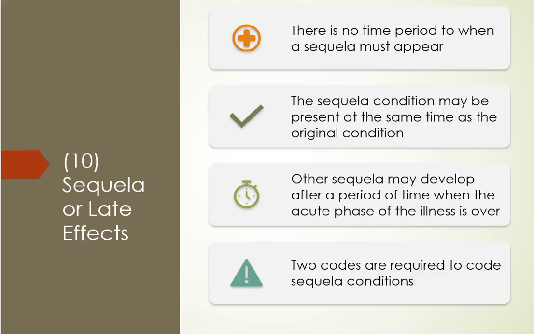Now, coding of the sequela is generally going to require 2 codes. The first code is going to identify the condition or the nature of the sequela. And then the sequela code is going to be sequenced second.